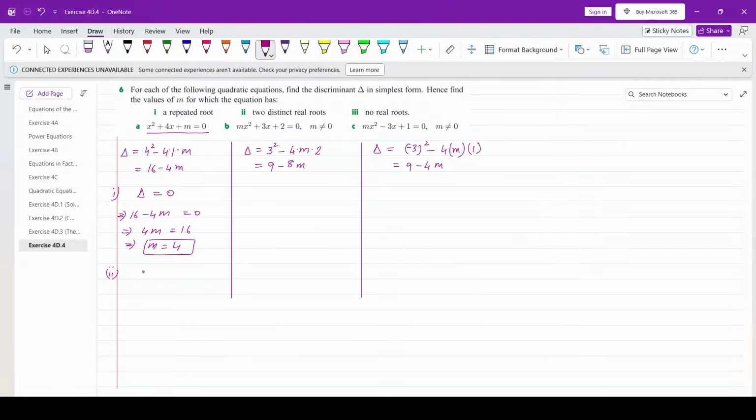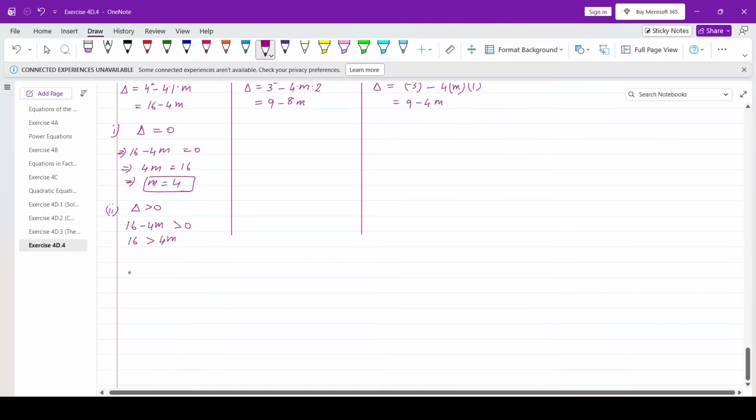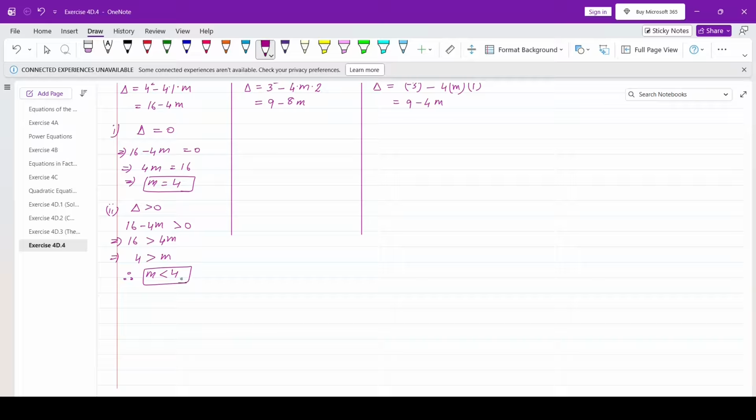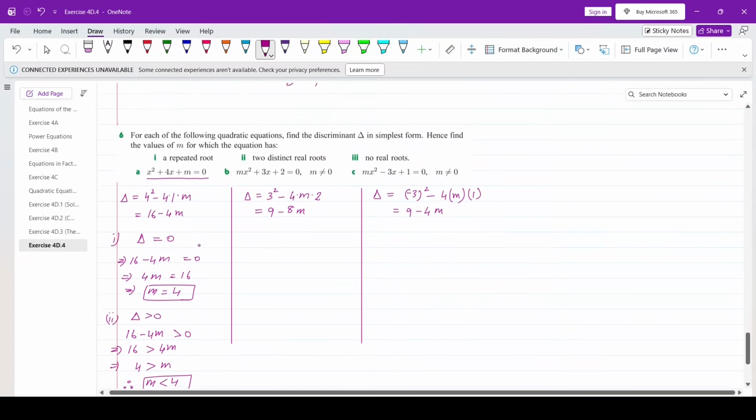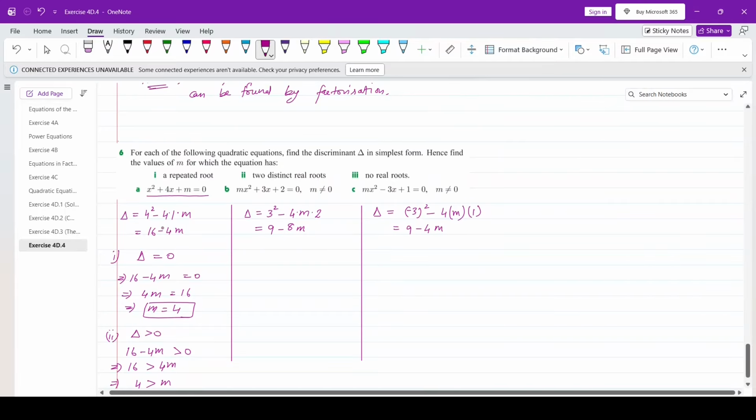Two distinct real roots are when the discriminant is greater than 0. So 16 minus 4m is greater than 0. If we add 4m to both sides, we get 16 is greater than 4m. And if we divide both sides by 4, we get 4 is greater than m, or m is less than 4. So m should be less than 4 in order for this equation to have two distinct real roots.